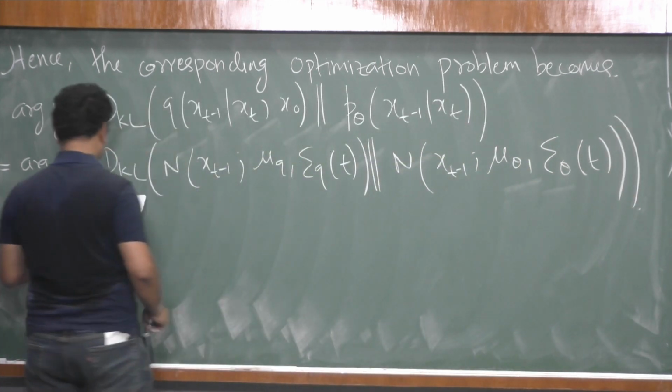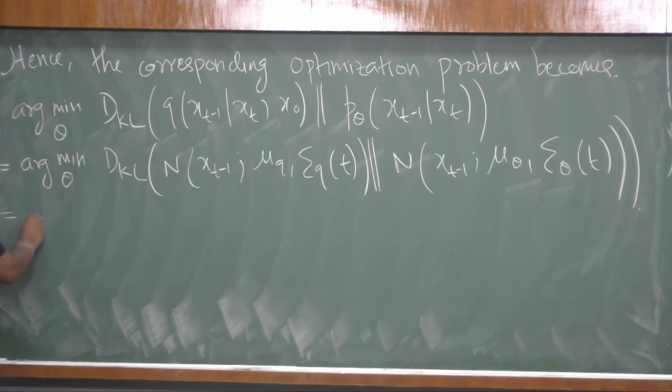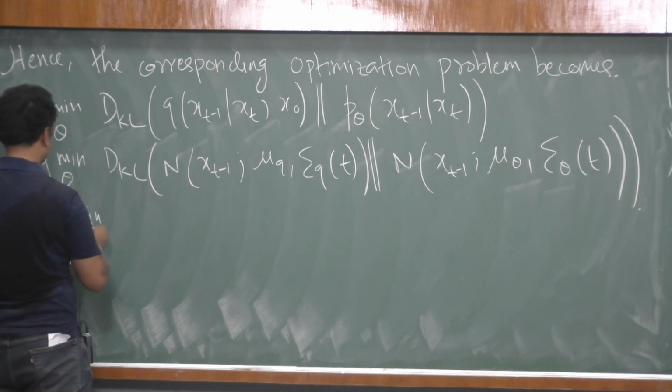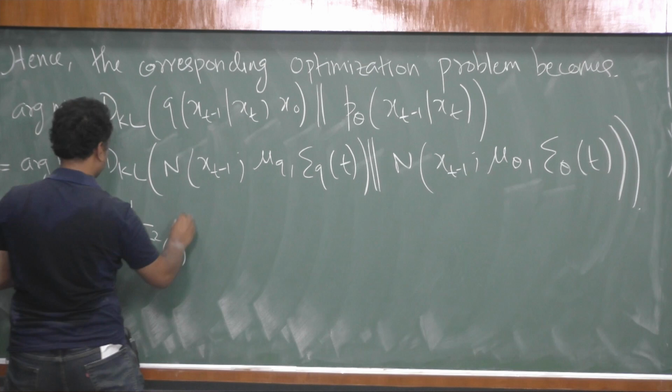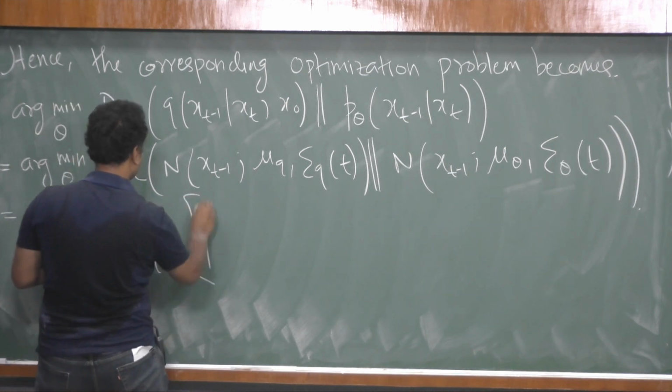Okay, so with this we will now substitute theta. Then we have done these calculations, where this is 2 sigma_q^2(t), and this becomes the norm of the difference of the means.